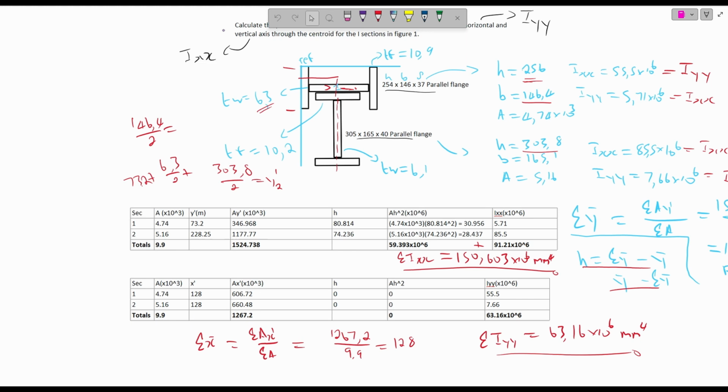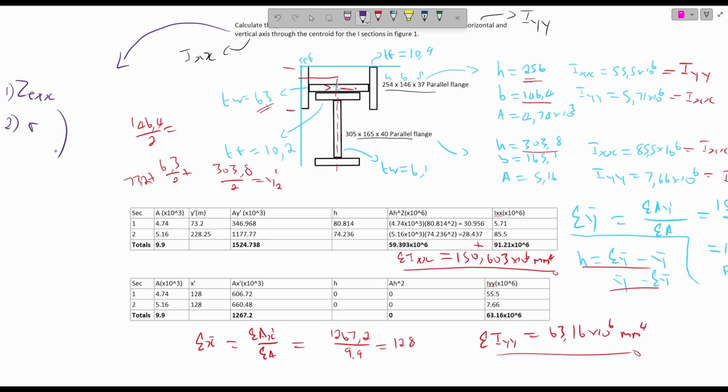Let's say you were asked to calculate your elastic section modulus, which is Zxx, and your radius of gyration, which is r.